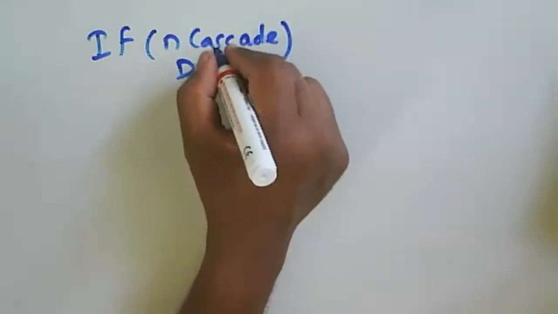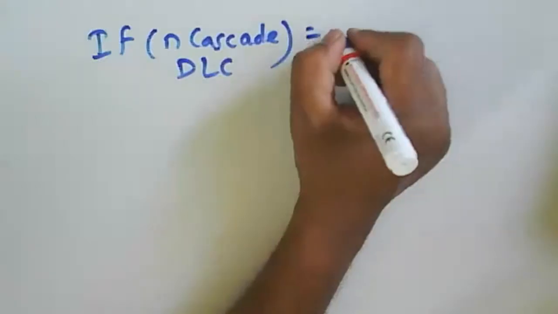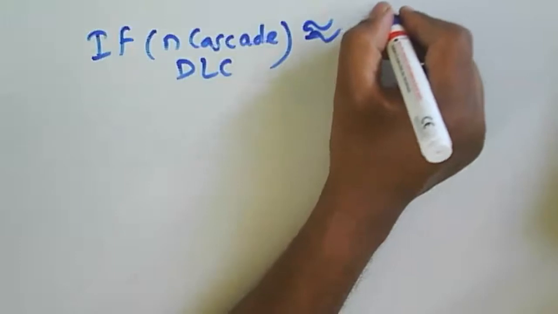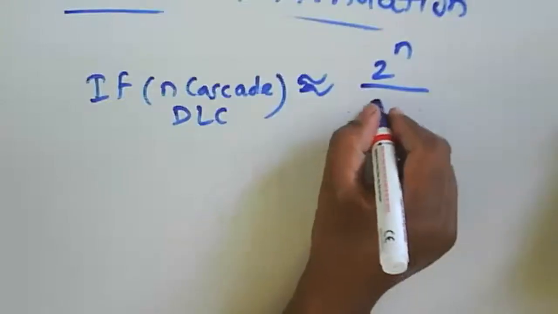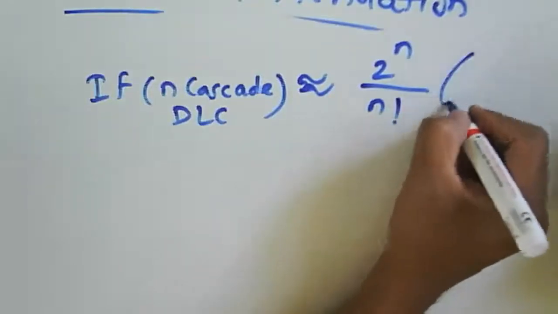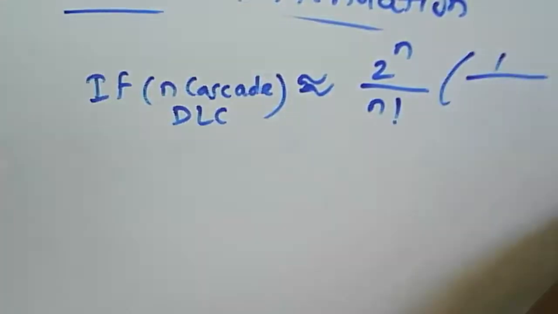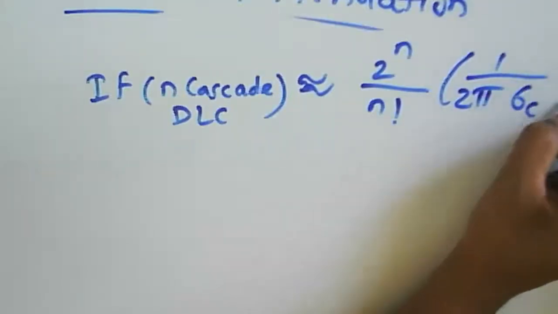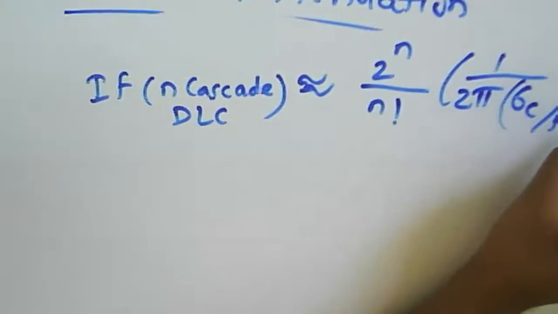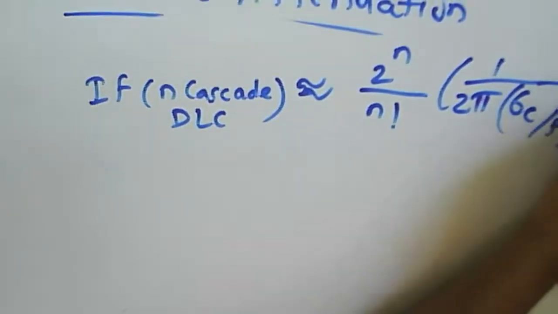In that case, approximately we can write 2 raised to n, 2 raised to n factorial, times 1 by 2 pi (sigma c by fp) raised to 2n.